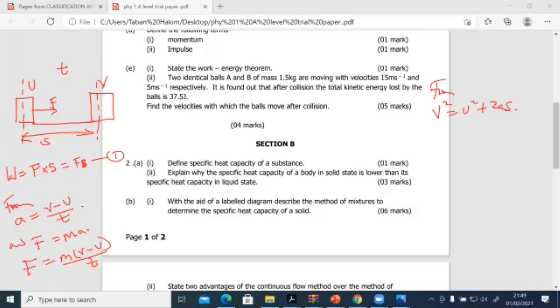So first of all, you have work done from this equation here, and I want to substitute for the force F in this equation, and then for the acceleration A, and see what I get. From the third equation of motion, V squared is equal to U squared plus 2AS.